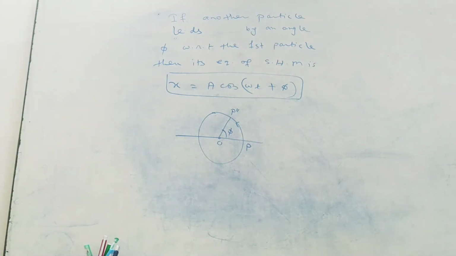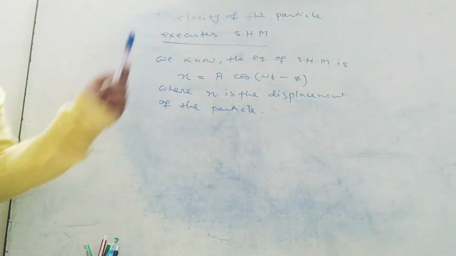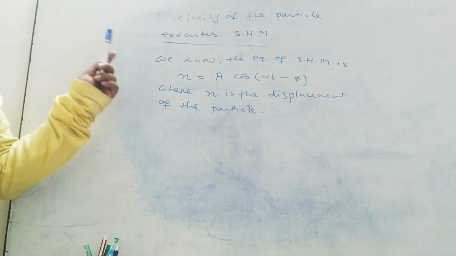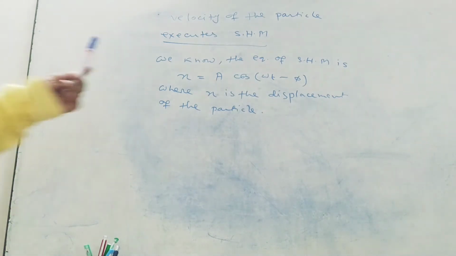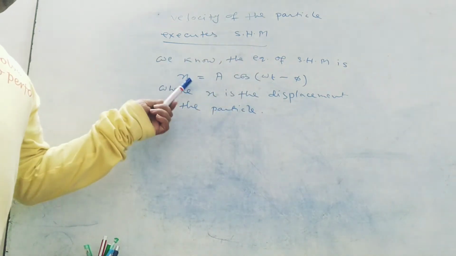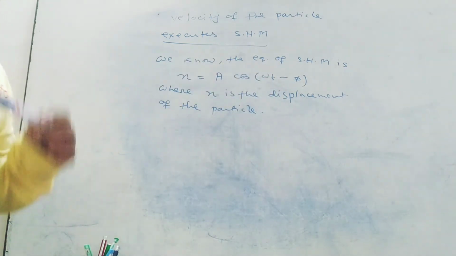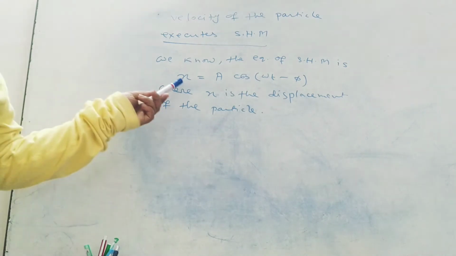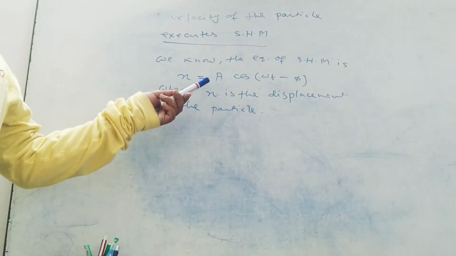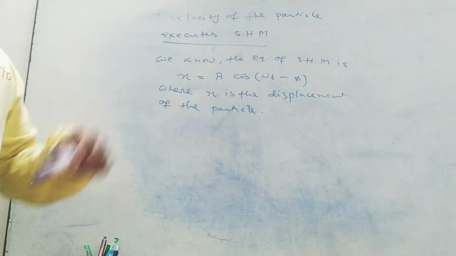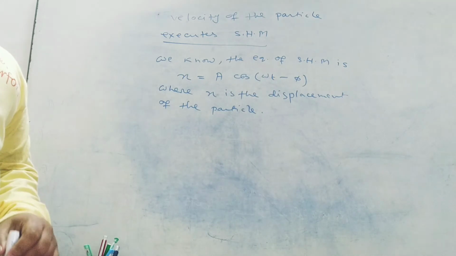Now we are going to find out the velocity of the particle executes S.H.M. We know the equation of S.H.M is x equal to capital A cos omega t minus phi, where x is the displacement of the particle, A is the amplitude of the particle, omega is the angular speed of the particle, phi is the phase difference.